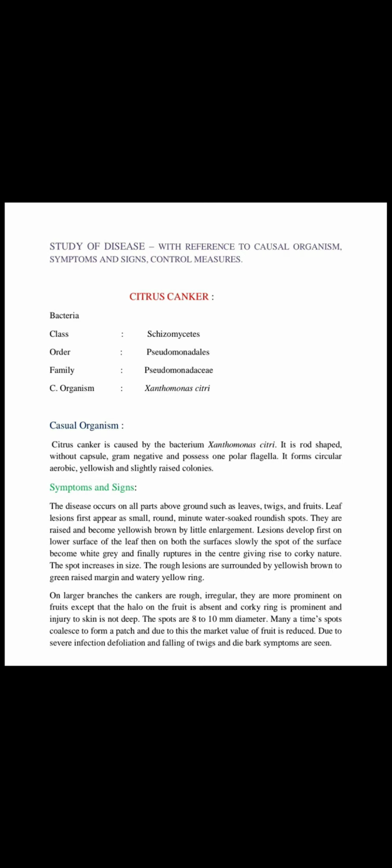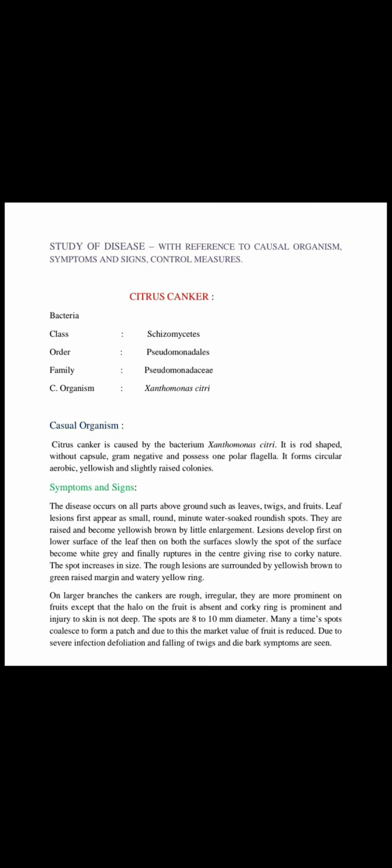As I said, these bacteria are rod shaped. This bacterium is gram negative and possesses one polar flagellum. The color of this bacterium is yellowish and it forms a slightly raised colony. This is about the causal organism. Then the next point is the symptoms and signs.